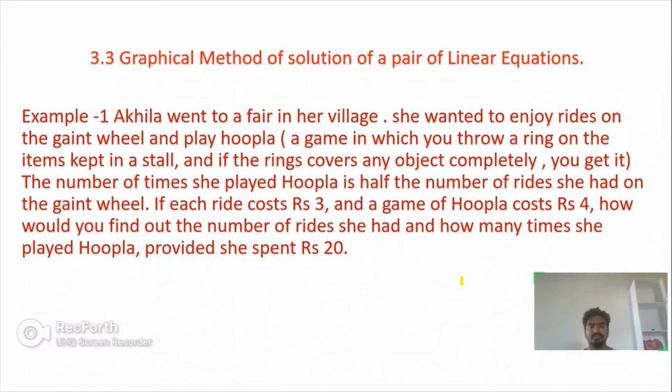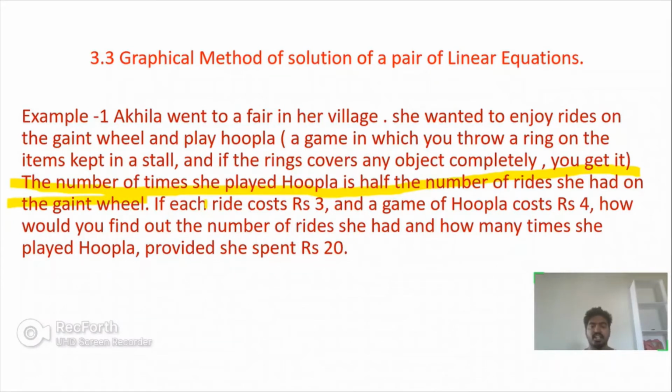Akila, a girl, went to a fair in her village and wanted to enjoy rides on the giant wheel and play hoopla. So here, the two conditions they have given are: first condition, the number of times she played hoopla is 1/2 of the number of rides she had on the giant wheel.